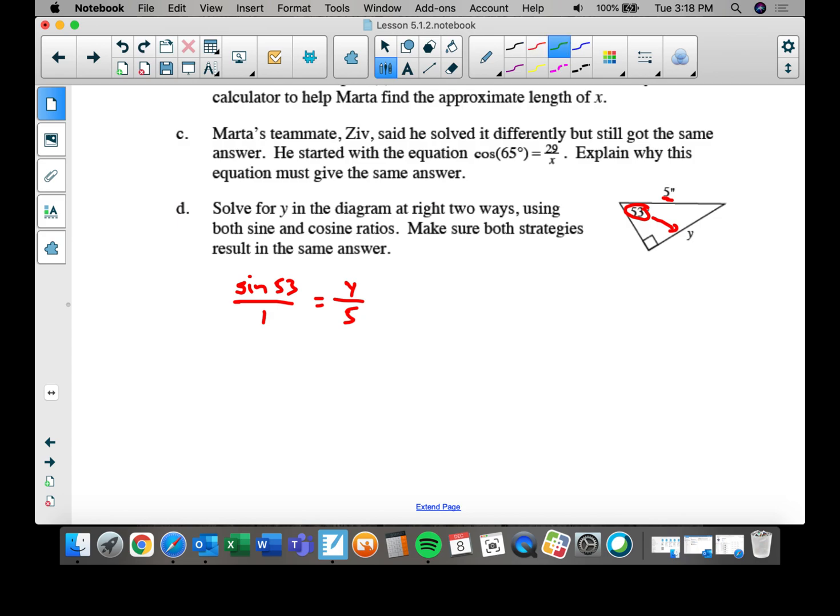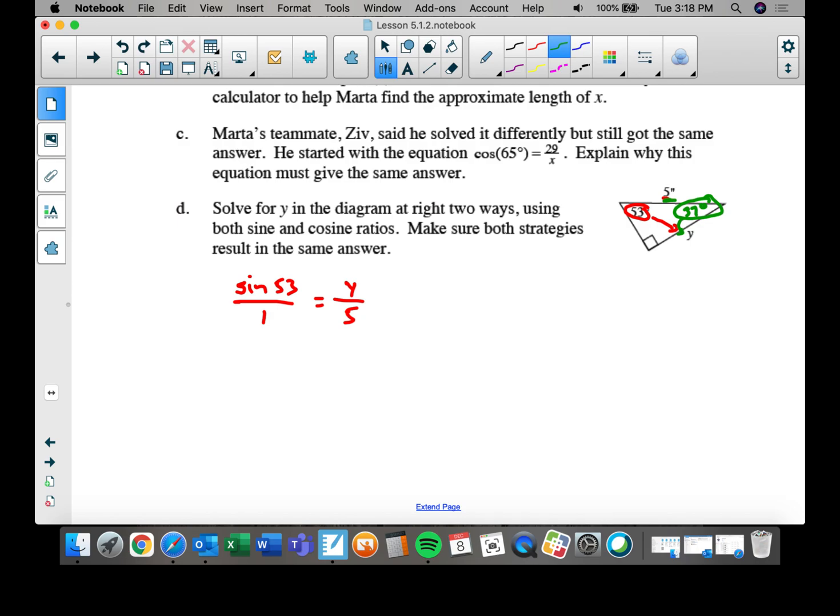The other option is I could solve for the missing angle in this picture, and if I do that, I would end up with 37 degrees. So this would be a 37 degree angle, and if that's the angle I'm now using as my theta, that means y now is the adjacent side, 5 is still the hypotenuse.